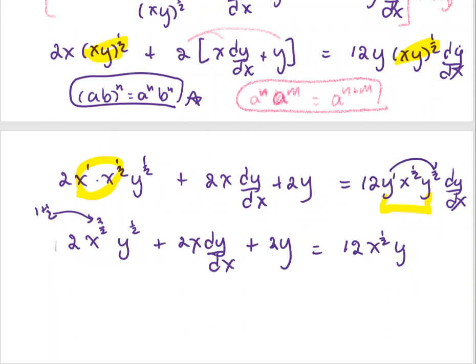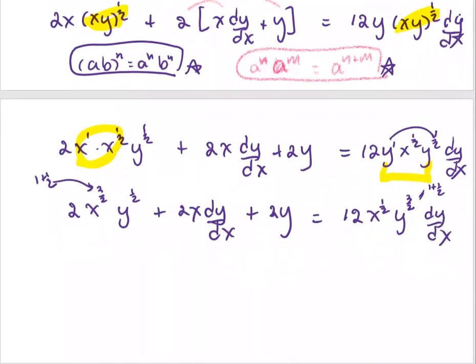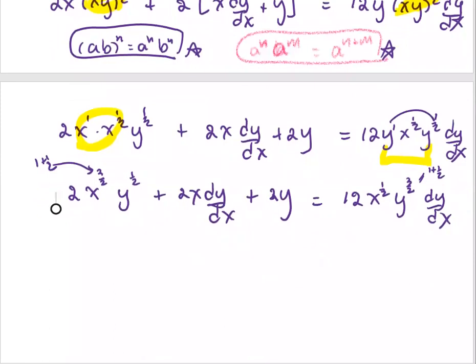This is power 1 and power 1 half comes back to the power 3 halves. Okay, using this skill, and then multiply by dy by dx. Okay, so at this point, you have 1, 2, 3, 4 terms, and then you're going to solve for dy by dx, which is the second step of the implicit differentiation. At this step, we're going to solve for dy by dx.